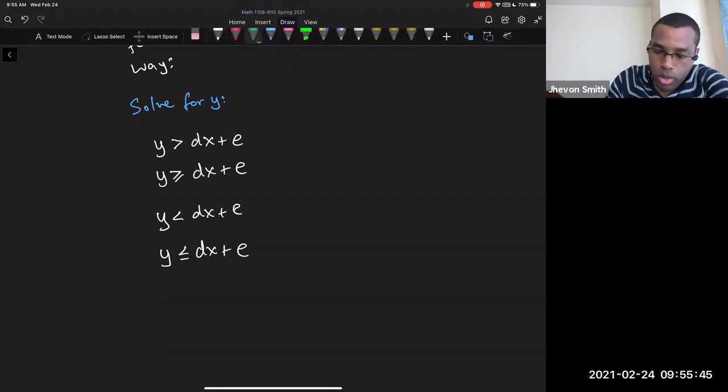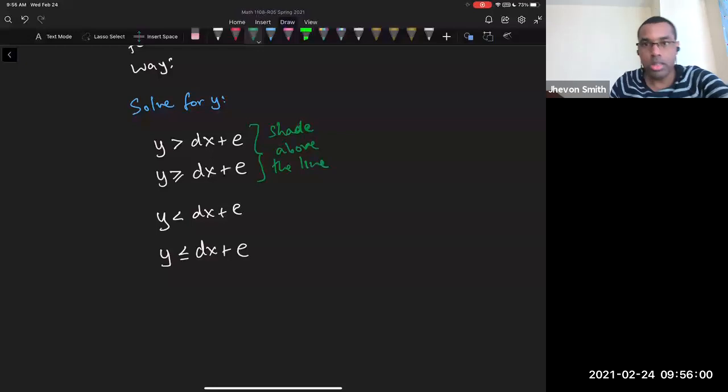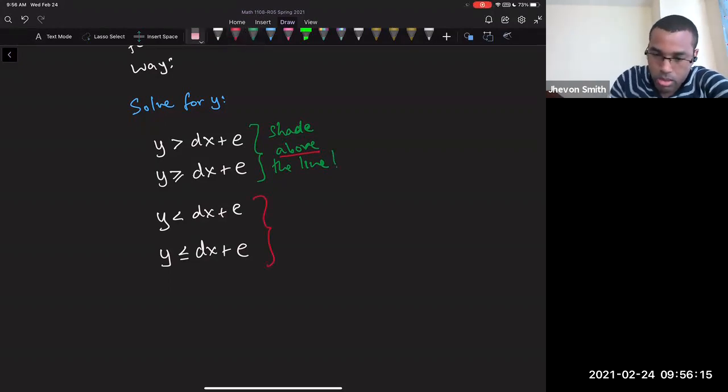Now, if you're in the greater than or greater than or equal to situation, you would shade above the line. So whatever half plane is on top, that's the one you shade. Now, if you're in one of the less than situations, you're going to shade below the line.